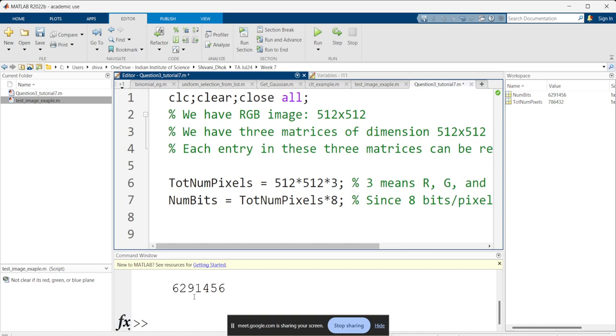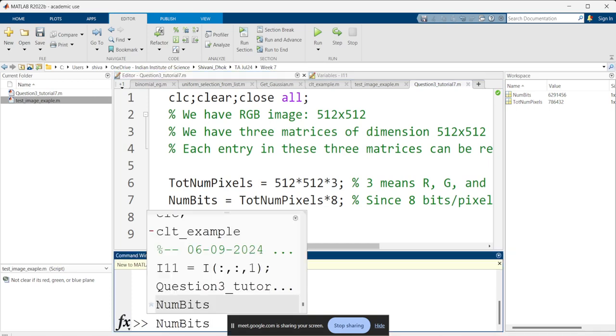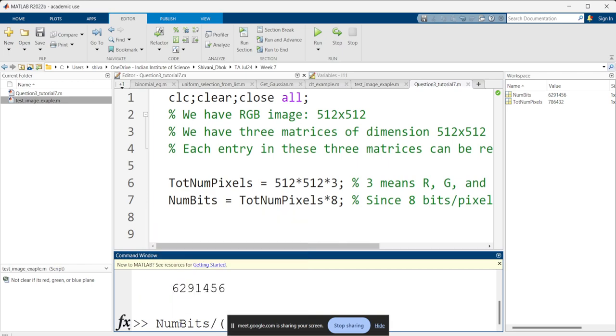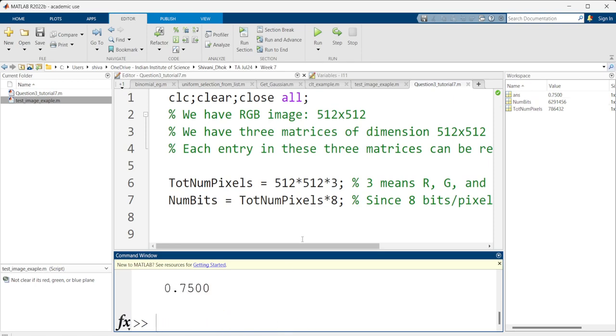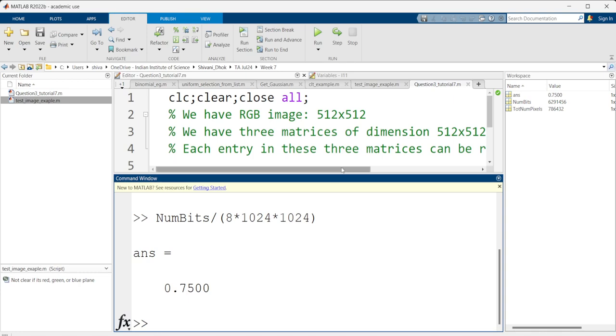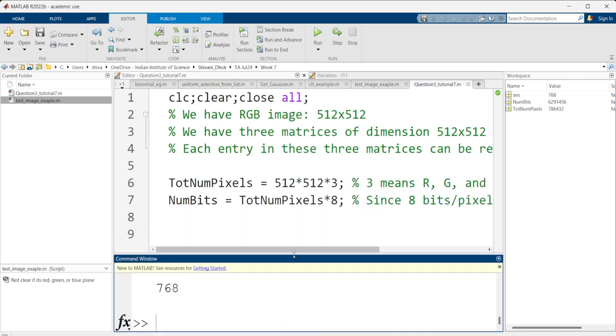That is 6291456. Just for fun, we'll divide it by 8, which gives bytes, then divide by 1024 to get kilobytes, and again by 1024 to get megabytes. So this is around 0.75 megabyte raw image, or in other words, 768 kilobytes.